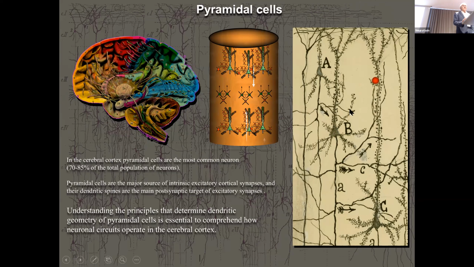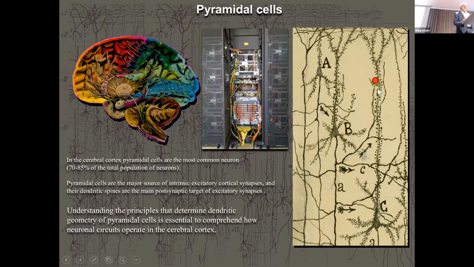They are the major source of excitatory synapses, and the spines, or the dendritic spines, are the major target of this excitatory input. So the vast majority of excitatory connections arise from pyramidal neurons, and the spines are the main target of excitatory connections.